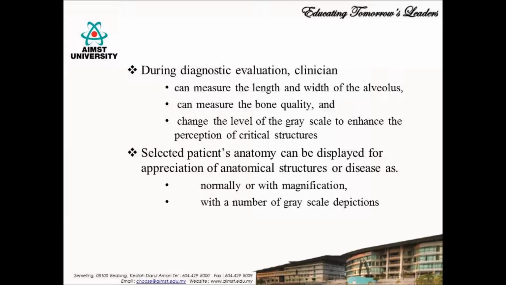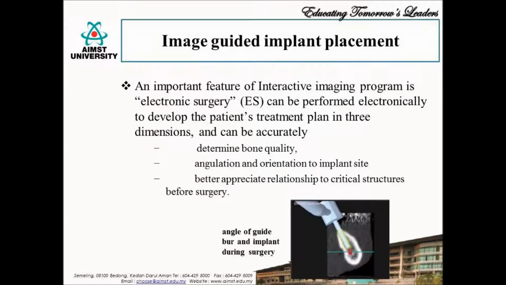During the diagnostic evaluation with these software, the clinician can measure the length, width and depth of the alveolus, can also measure the bone quality, and change the level of the grayscale to enhance the perception of critical structures. Regions of the patient's anatomy can be selected for display normally, or magnified, or with a number of grayscale options, facilitating the appreciation of the anatomical structures or disease.